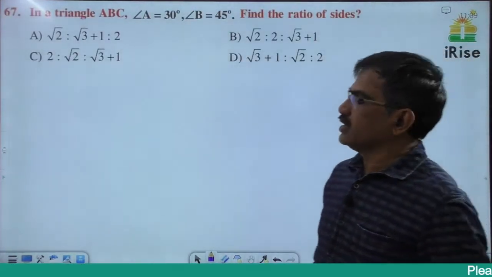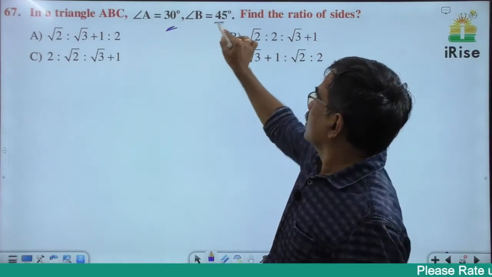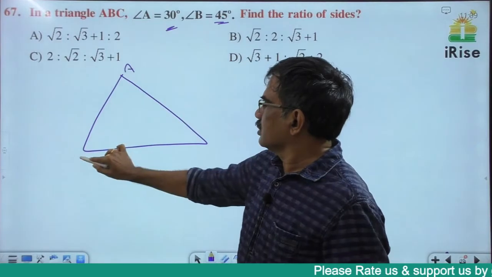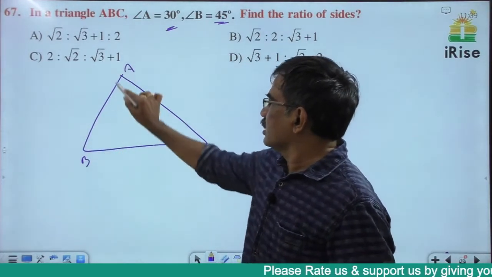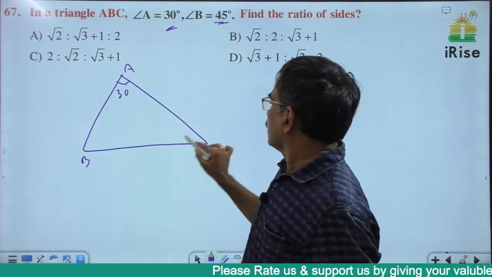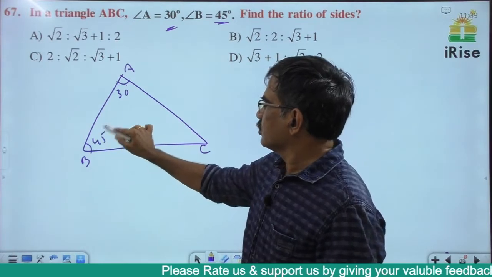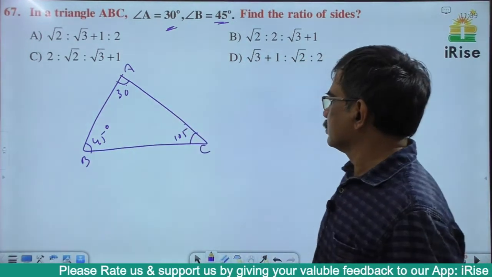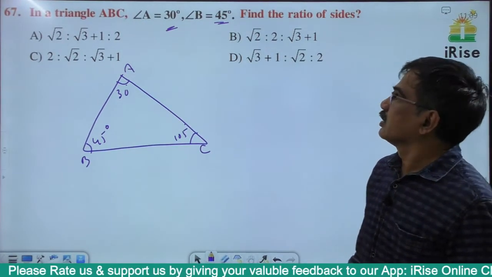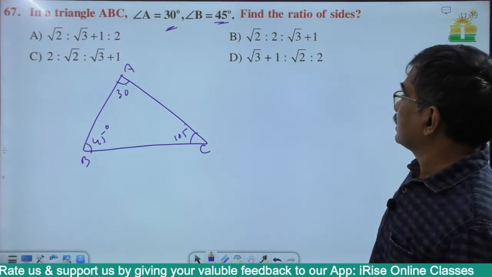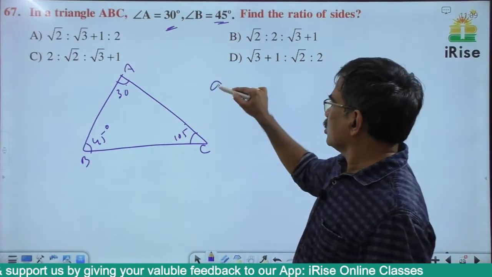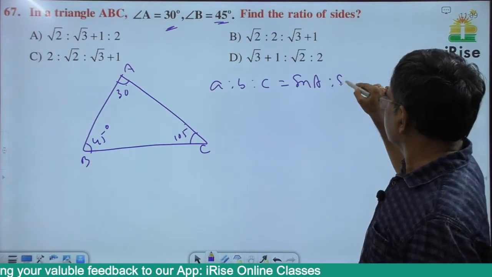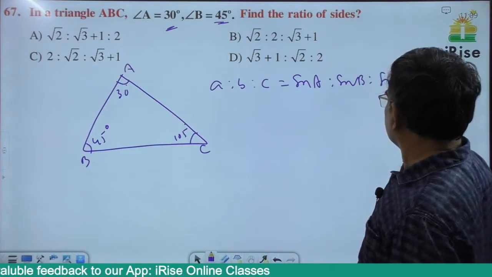In triangle ABC, angle A is 30 degrees, angle B is 45 degrees. So angle C is automatically 105. Find the ratio of sides. The ratio of sides is equal to the ratio of sines of angles. This is also sine rule.